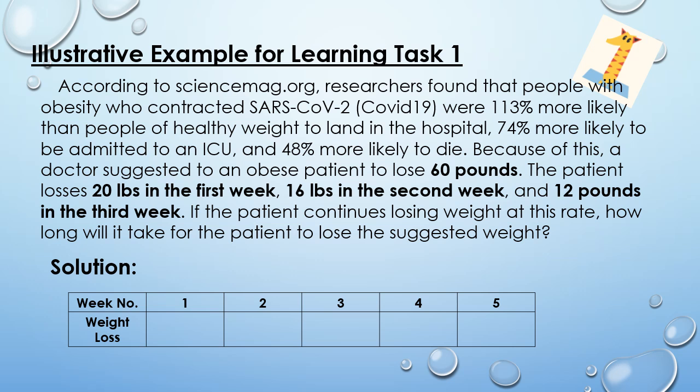According to sciencemag.org, researchers found that people with obesity who contracted SARS-CoV-2 or COVID-19 were 113% more likely than people of healthy weight to land in the hospital, 74% more likely to be admitted to an ICU, and 48% more likely to die. Because of this, a doctor suggested to an obese patient to lose 60 pounds.